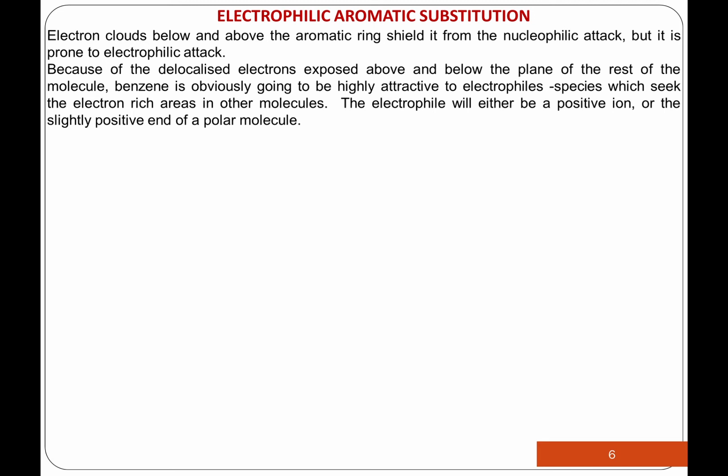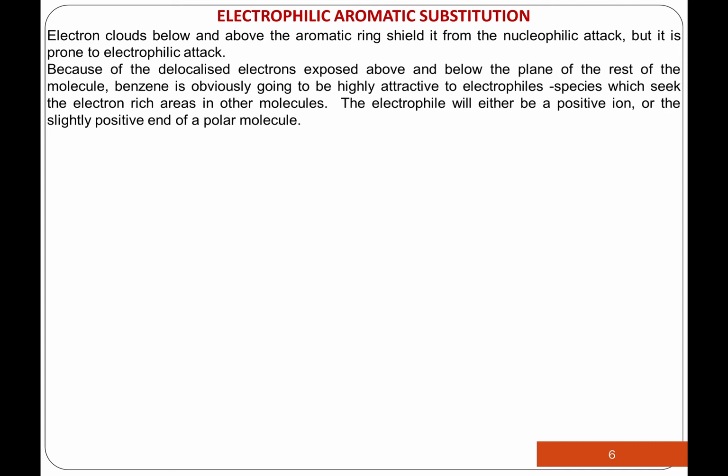Due to these pi electron clouds which are rich in electrons, benzene above and below its ring system has a negative charge, and therefore it does not invite electrons. Electrons are rather repelled out. So what benzene attracts is electron deficient or electron loving systems, or in other words electrophiles, which come and get attached.